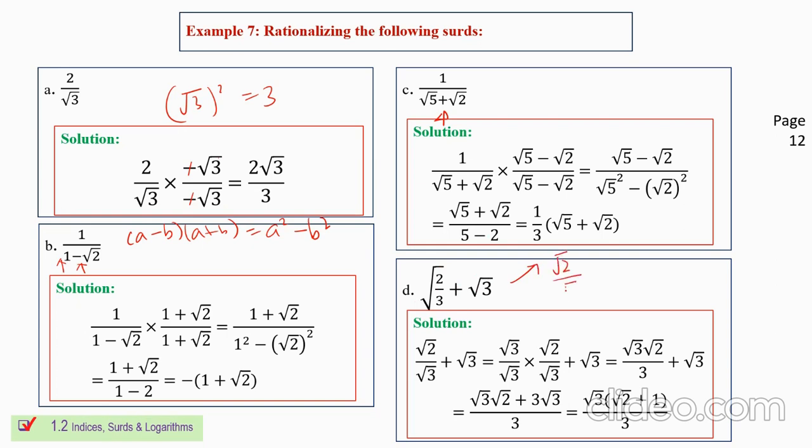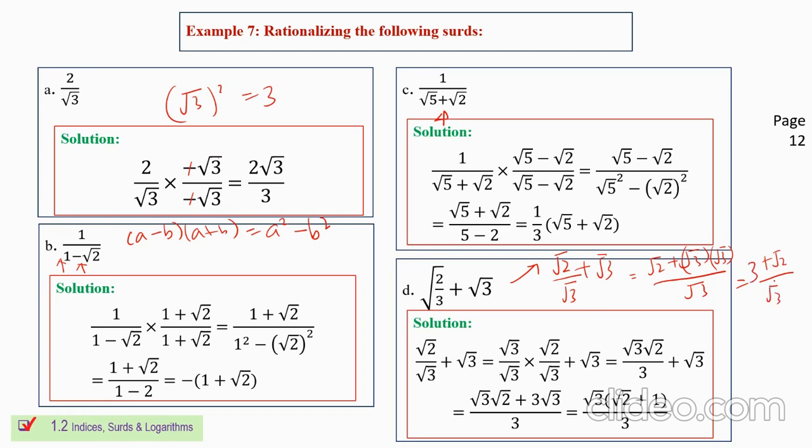Surd 2 over surd 3, plus surd 3. Then we just equate our denominator as surd 2 plus surd 3 multiplied by surd 3, and then divided by surd 3, and you have 3 plus surd 2 over surd 3.